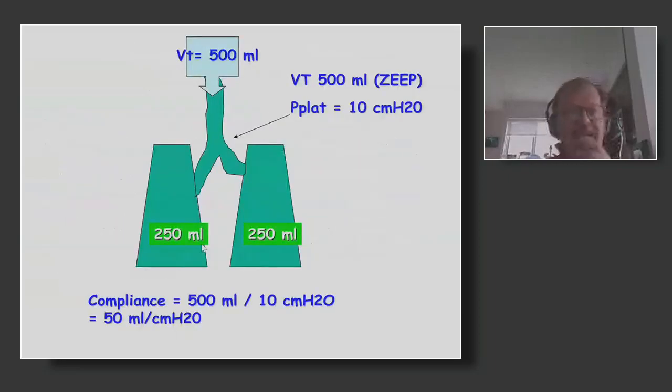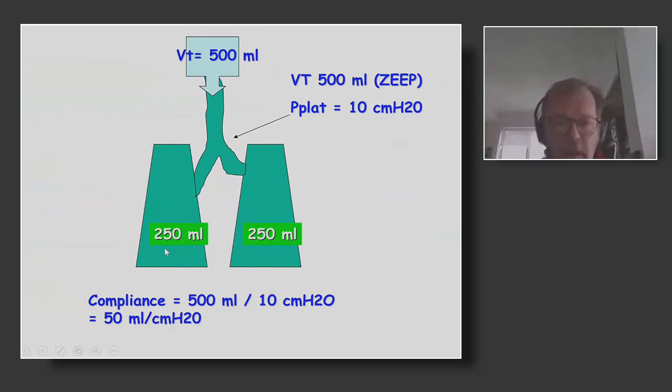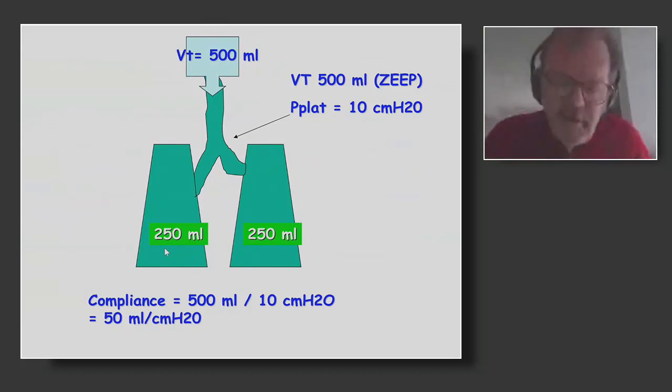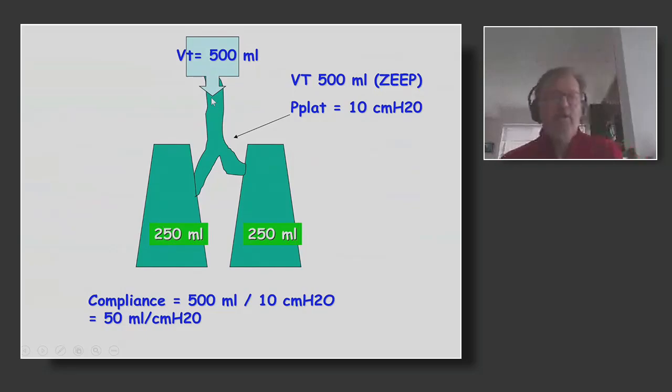Let's take an example. This would be a patient ventilated with a tidal volume of 500 ml, which would be a standard ventilation. For a tidal volume of 500 ml at zip, for instance, we'll have a plateau pressure.